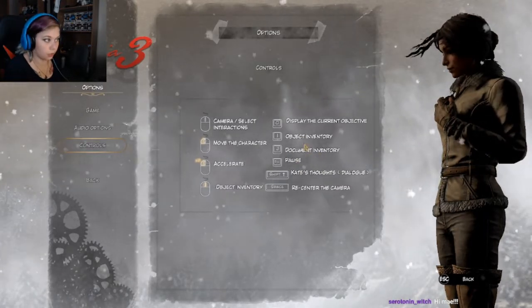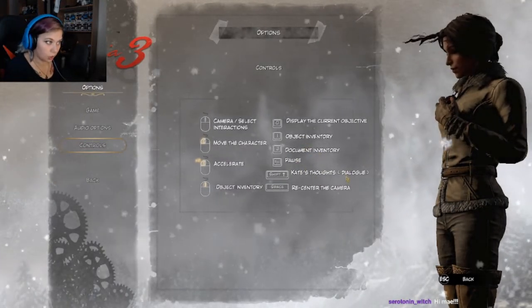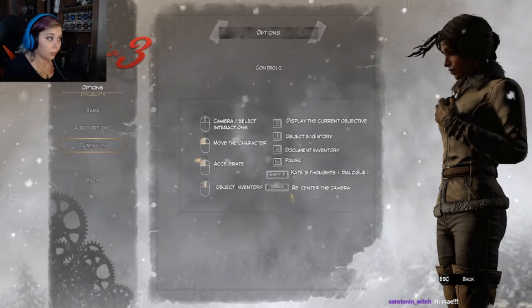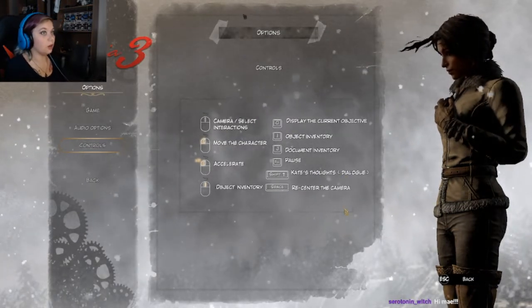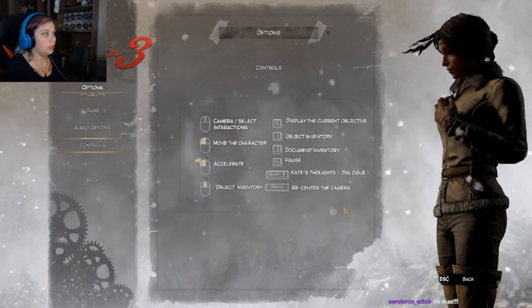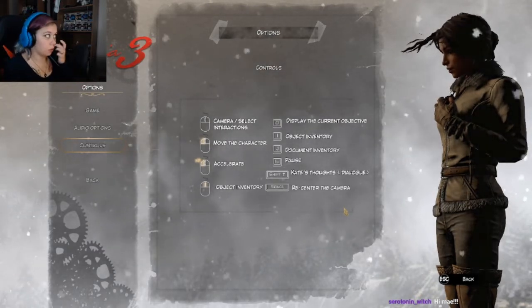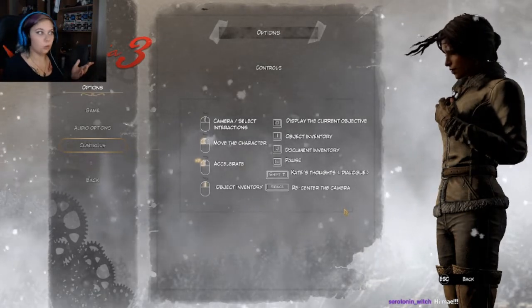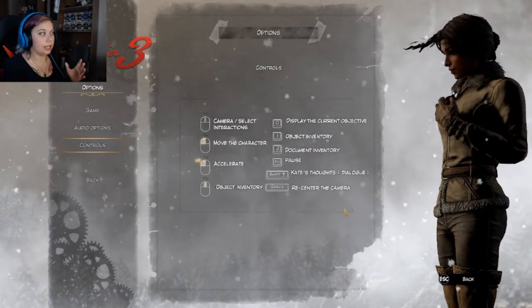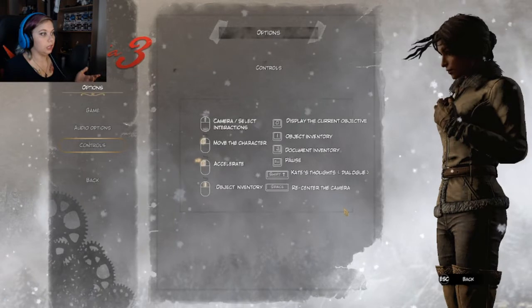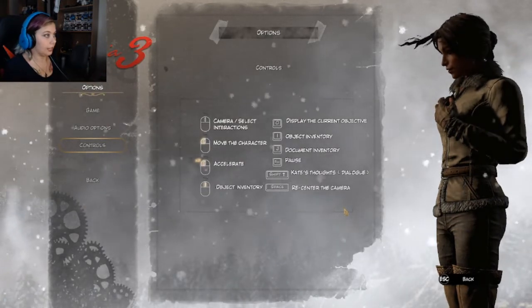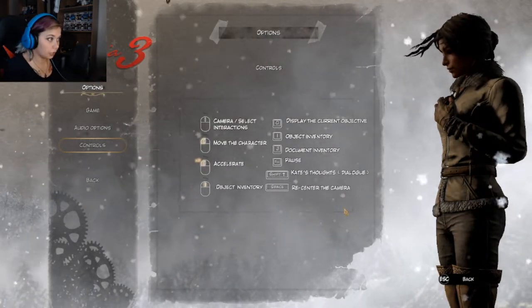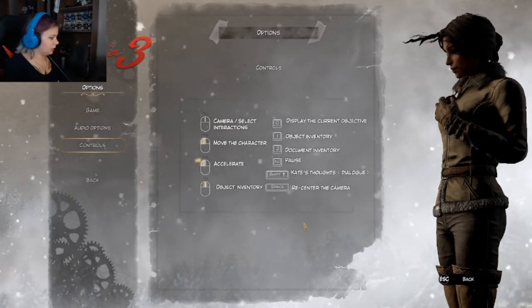Okay, so there's separate inventories. Kate's thoughts? And recenter camera. Okay. So one of the first things that somebody told me about Syberia 3, whenever I was talking about it on a previous stream, was that they thought it was better played on a controller, and I kind of see why. But I think I'll be okay.